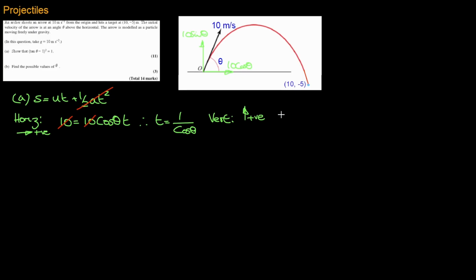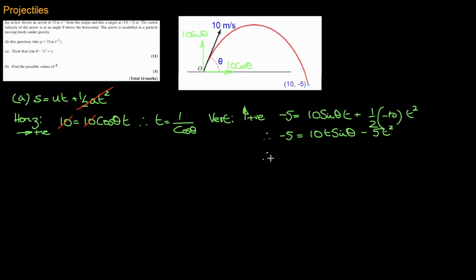So our s in this case is −5, equal to the initial speed, 10 sin θ, multiplied by t, plus ½ times the acceleration, which is −10, times t squared. Simplifying, I get −5 = 10t sin θ − 5t².